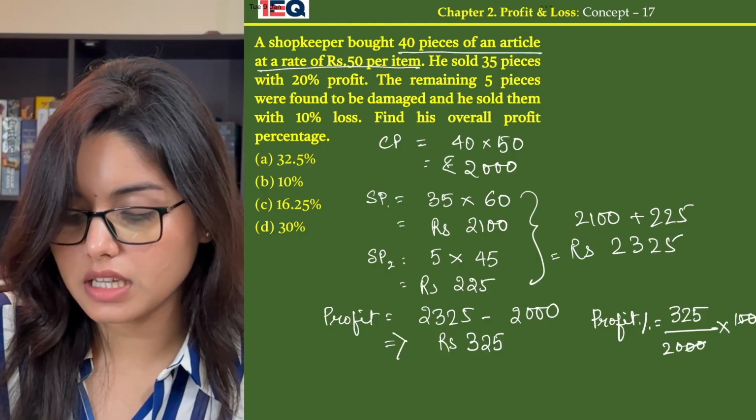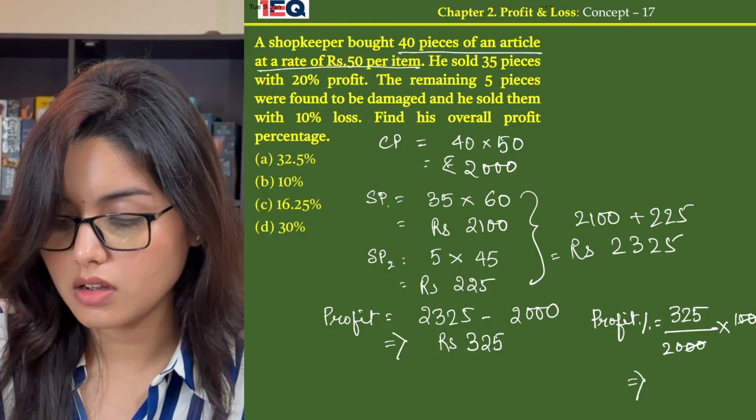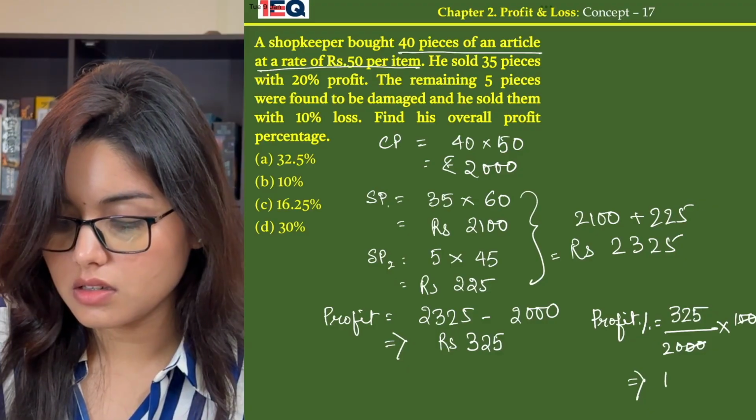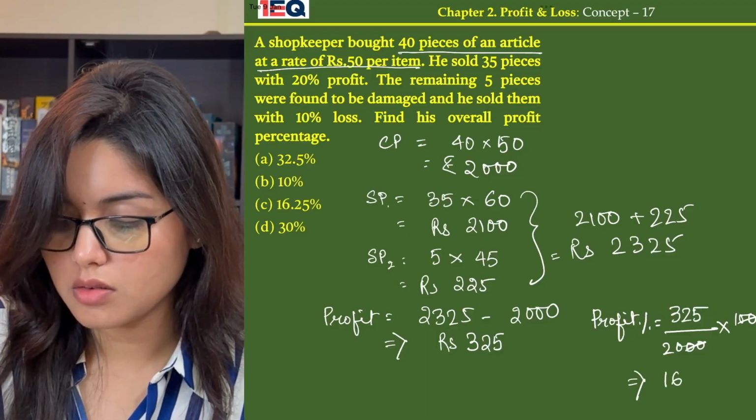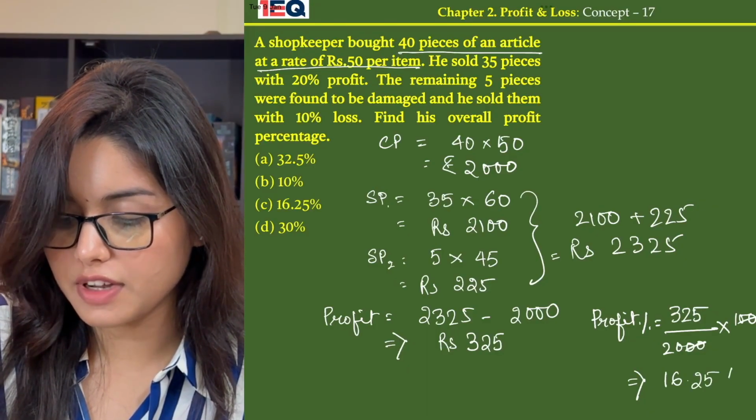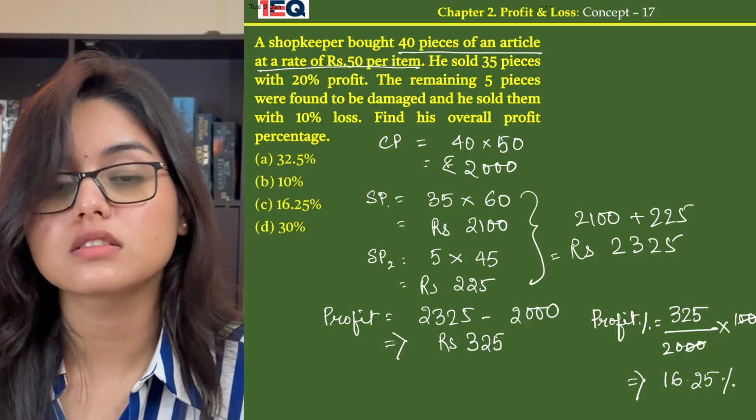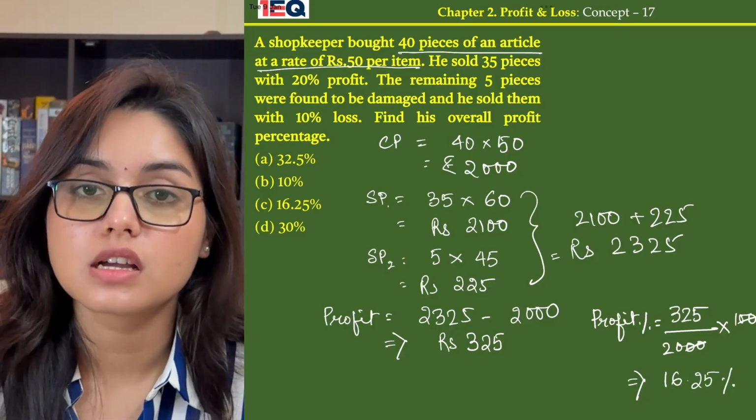Now on dividing we get 16.25%. So the answer to this question is option C.